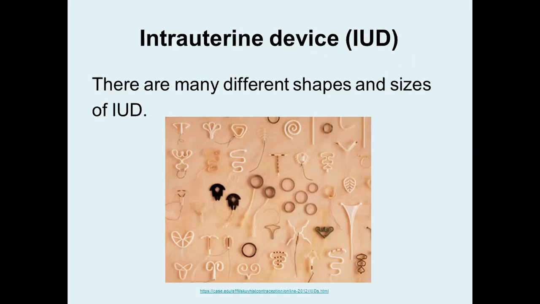And IUDs are really interesting things because the researchers are not 100% sure how they work. So there are many different shapes and sizes of IUD, and you can see some of them down here in this particular picture.